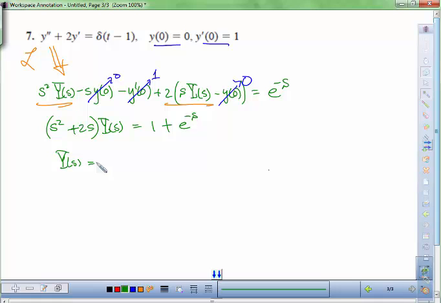Y of s is equal to, and it's usually beneficial to split this up into 2. While I'm at it, I'm going to factor the denominator because this is going to be an exercise in partial fractions.